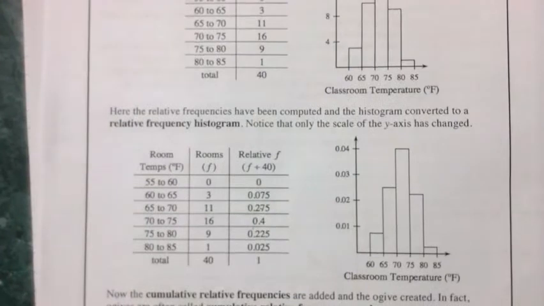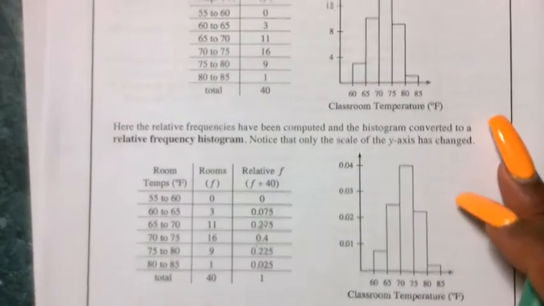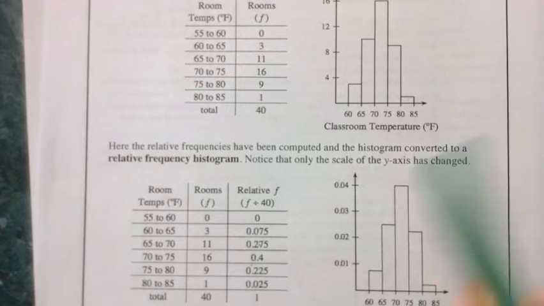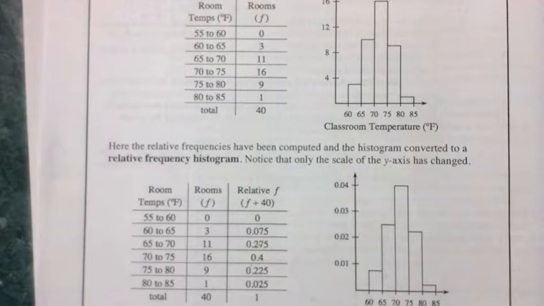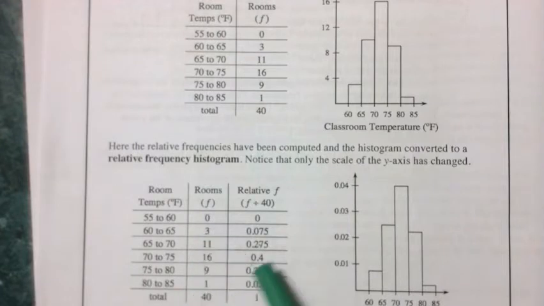You're now using the frequency table to make a relative frequency histogram. Your relative frequency histogram reflects the percentage of what occurs. So I would do 0 divided by 40 is 0 to get that relative frequency. 3 divided by 40 to get 0.075.